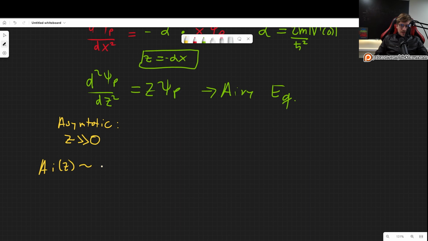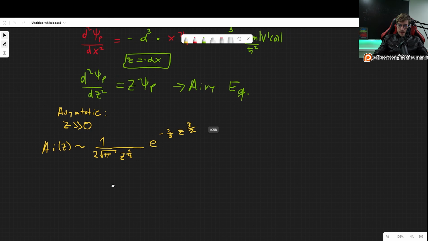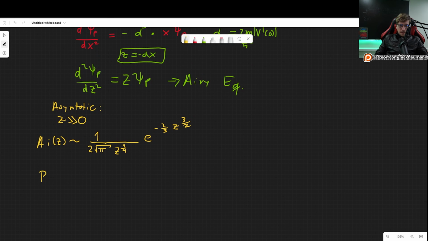So we had, in this case, 1 over 2 square root of pi, and then 1 over z to the 1/4, and then we have e to the minus 2/3 z to the 3/2. And then we have Bi of z. This now goes as 1 over the square root of pi, z to the 1/4.